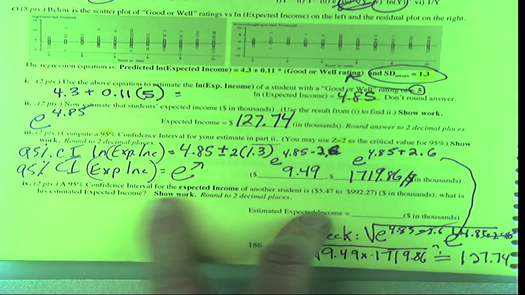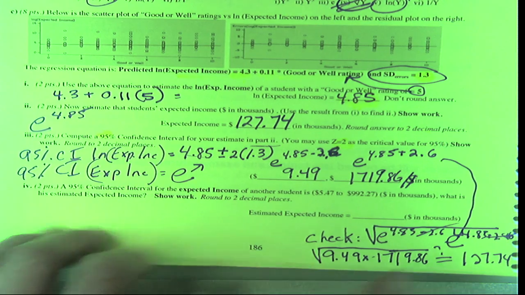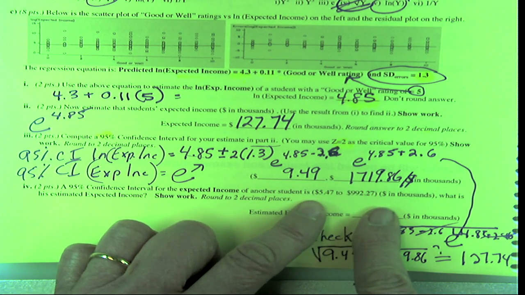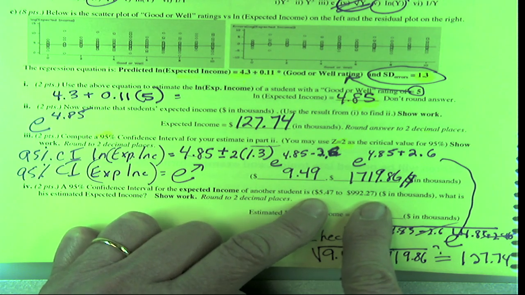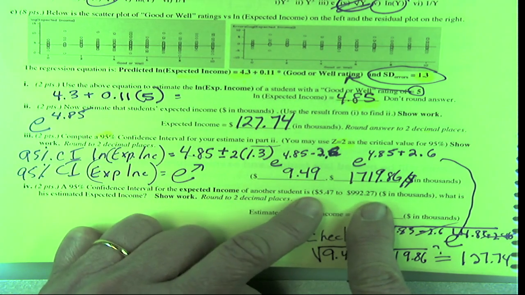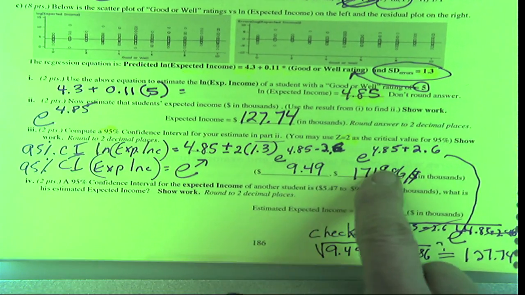A 95% confidence interval for the expected income of another student is that, right? It's smaller, so he must have given an answer smaller than that. I mean, it's lower. This is lower than that, and that's lower than that.